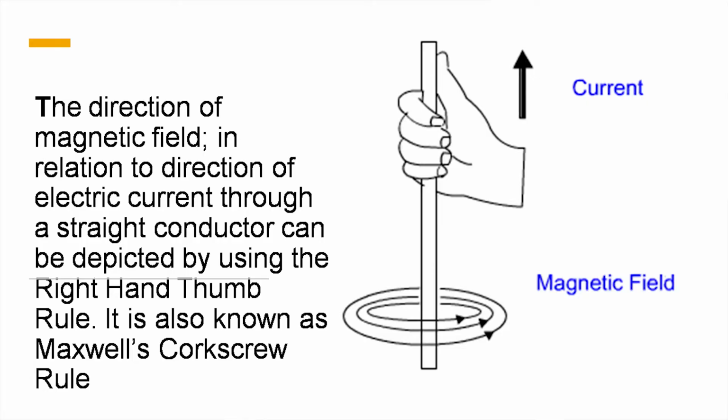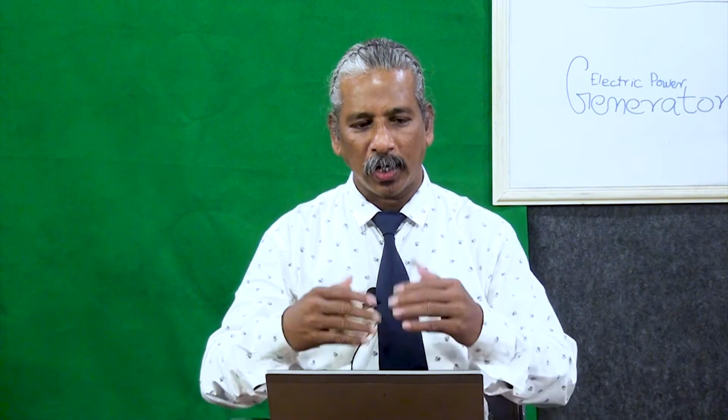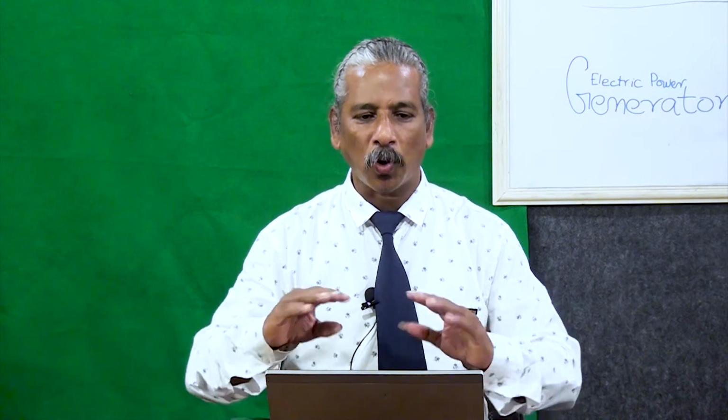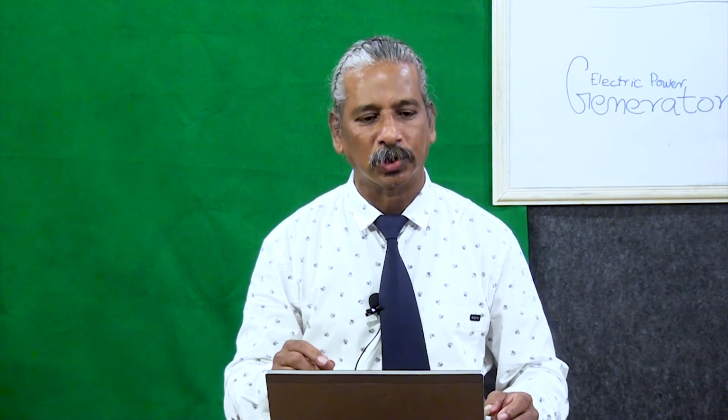The direction of magnetic field in relation to the direction of the electric current through a straight conductor can be depicted by using the right-hand thumb rule. It's also known as Maxwell's corkscrew rule.